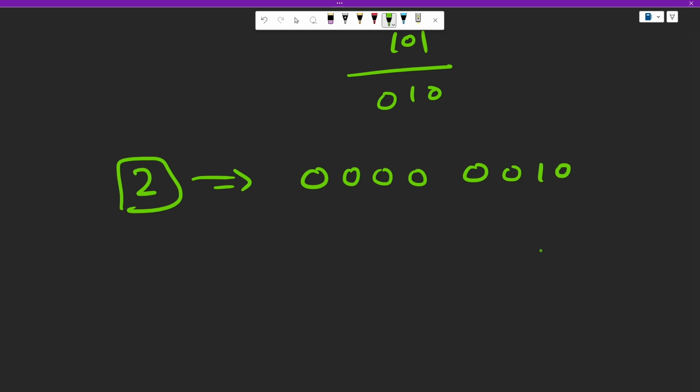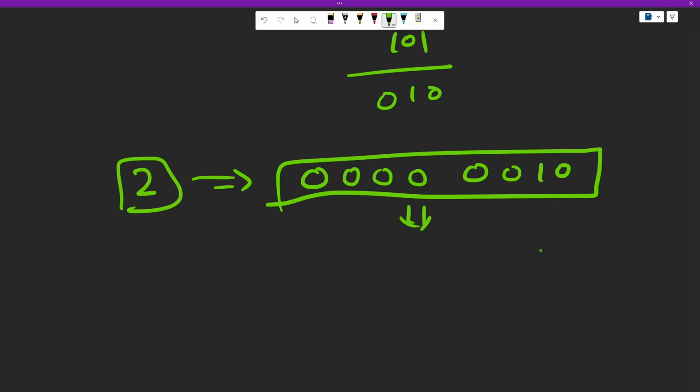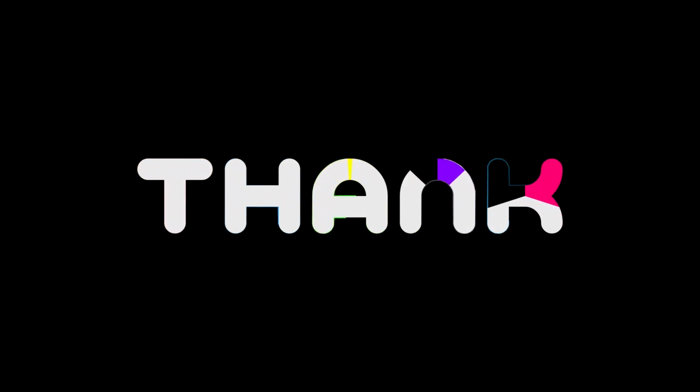The entire thing is equal to 2, in binary form, and we are representing it in 8 bits. This is the first bit, second, third, fourth, fifth, sixth, seventh and eighth bit. The 0s mean nothing here, so we don't need to worry about them. And this was all about the bitwise operators. Thanks for watching.